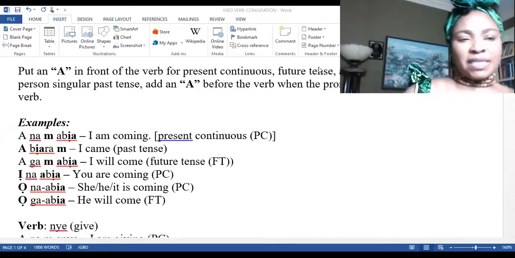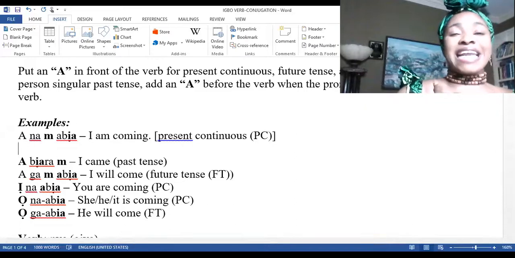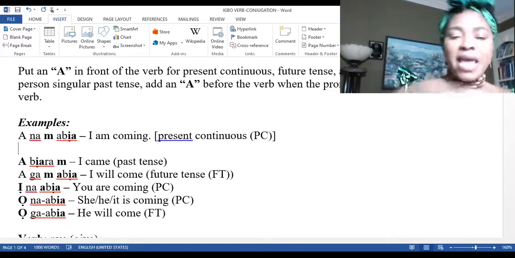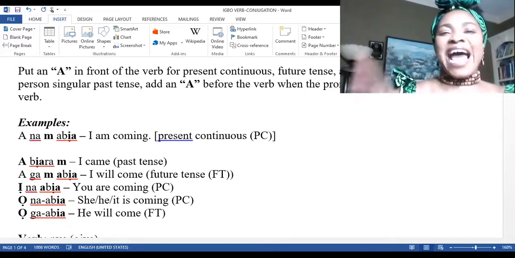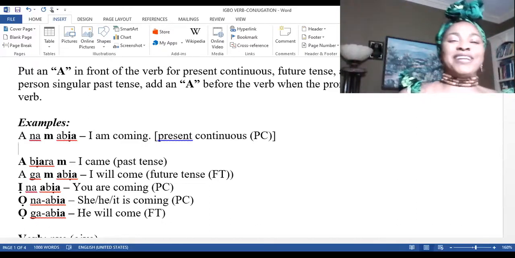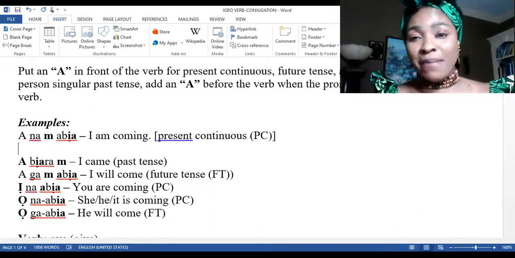Okay, so let's make a sentence with all of them, because I want to make sure you know your pronouns. Ana m abịa means just you, possessive. Now, ị na-abịa, don't forget when I said a, it's when I'm looking at you, talking to you. It means you are coming.